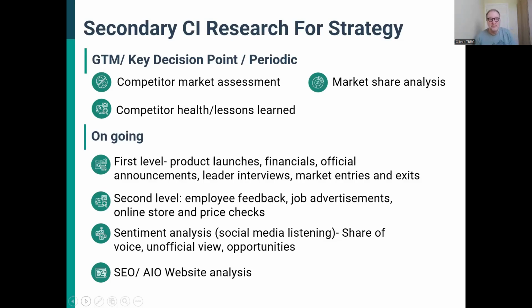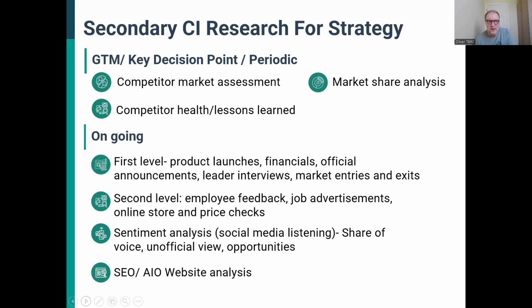The other type of secondary CI research is the ongoing type, and this is often much more tool driven. It's one of the main things that traditional competitive intelligence or market intelligence teams within big companies did, which is just monitoring what's going on day by day, week by week, at your competitors.